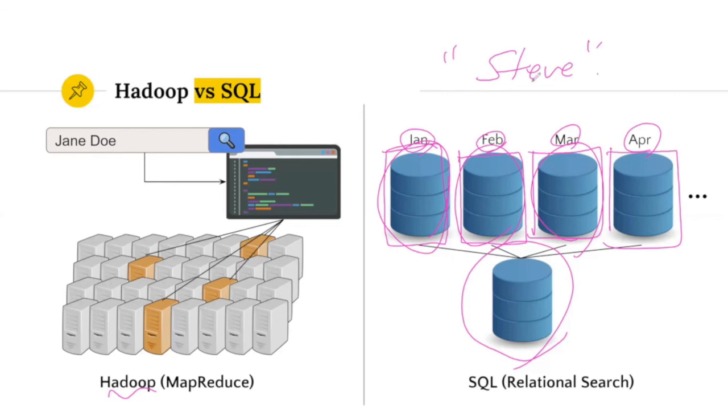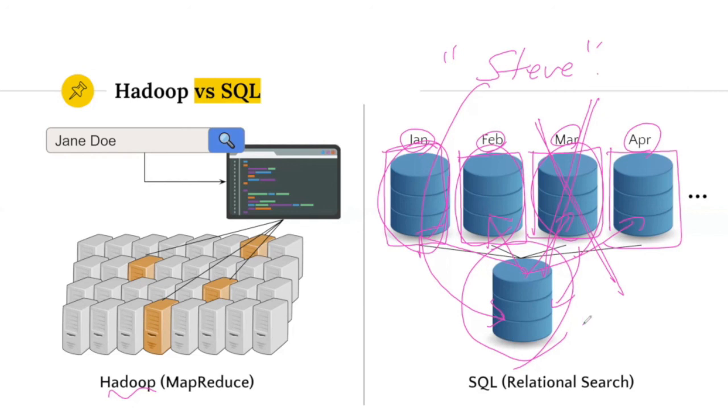Now, that search query goes to the master node, and then it sends out the search query to the distributed file system. And so far, so good. Now, imagine that there was a problem. One of the nodes, for some reason, was not working or was not returning the result to the master server.